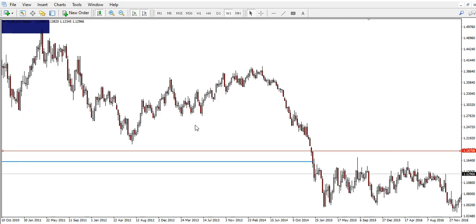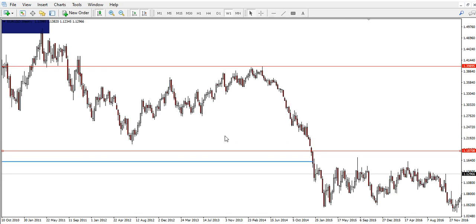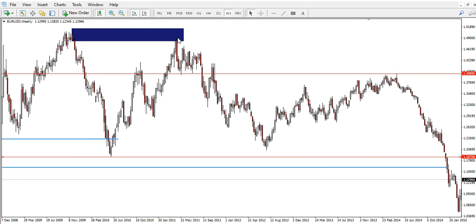And then what else did I see? Oh, okay. After this break of market structure here, we now have another swing high here, which did not come to make a risk-free entry up here.